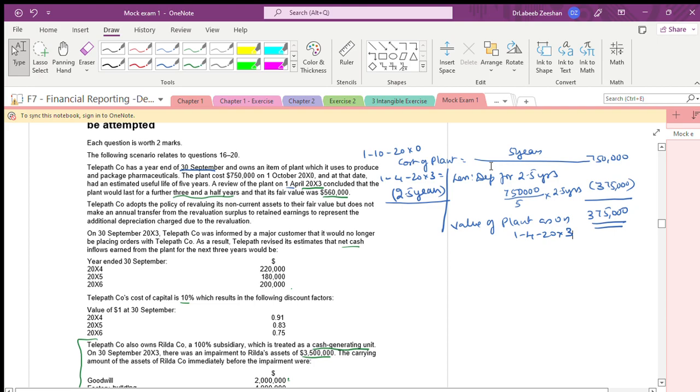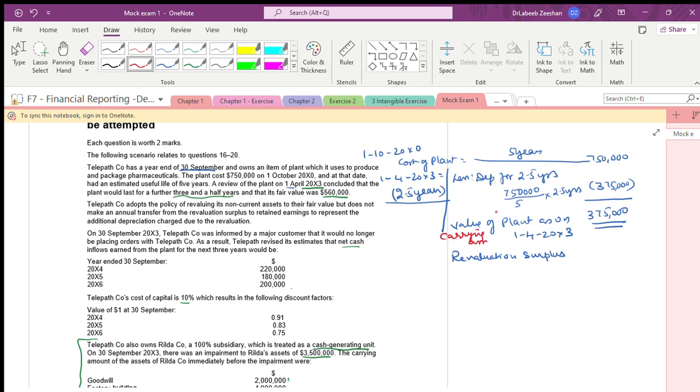Now, what are they asking? They are asking you for a revaluation surplus. The value of the plant as on 2003 is otherwise called the carrying amount. What is the revaluation surplus?